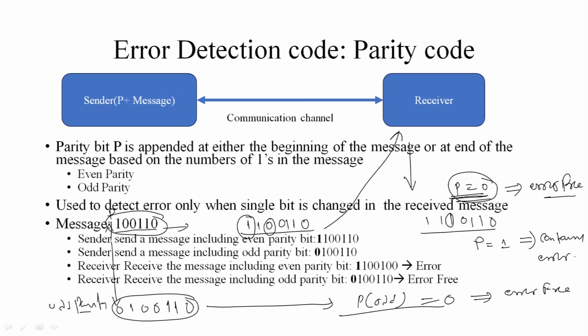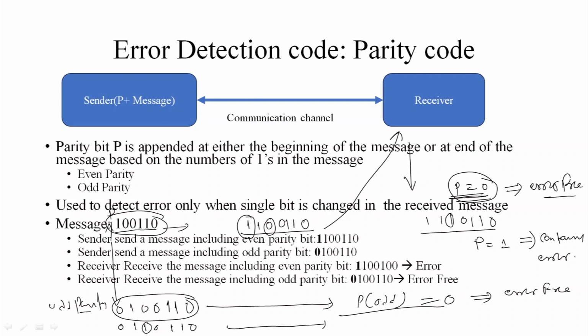Suppose the message contains some error, like 0 1 1 0 1 1 0. Here this bit is changed due to some noise, or some interrupter interrupting the message and changing the bit. Then the receiver verifies the parity.